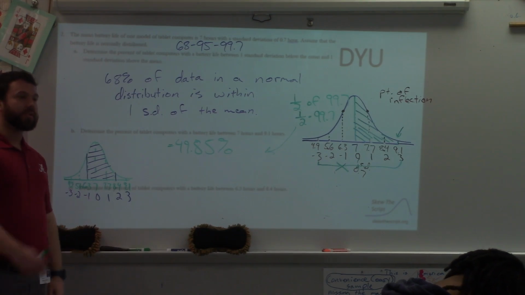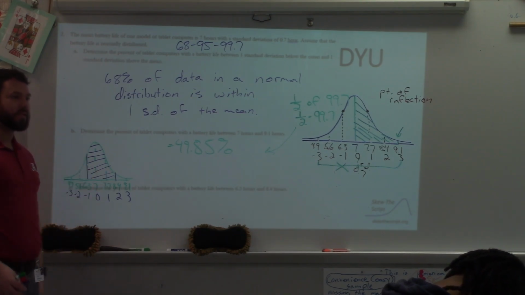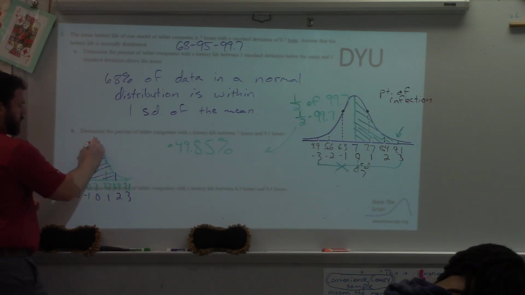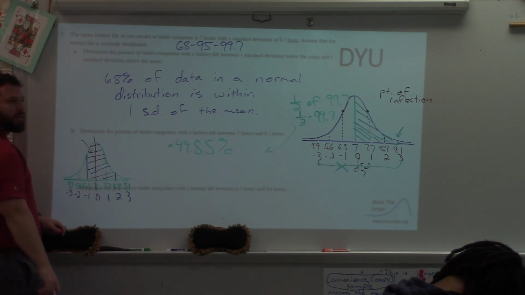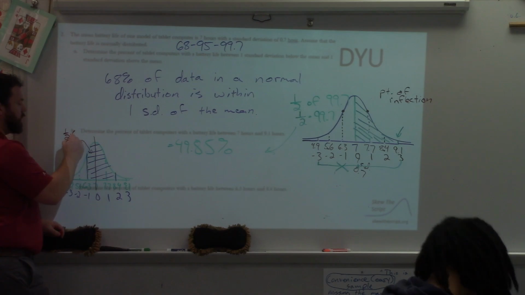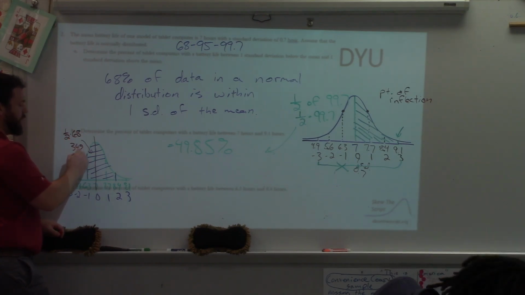So I need to use the 68 and the 95% somehow. And there's multiple ways to do this. Lane was playing around with it and finding those pieces yesterday. For me, personally, I'm just always going to do this. Now look at the mean. How much is this part of the 68%? What fraction is it of the 68? It's half of 68. Yes, 34% right here.